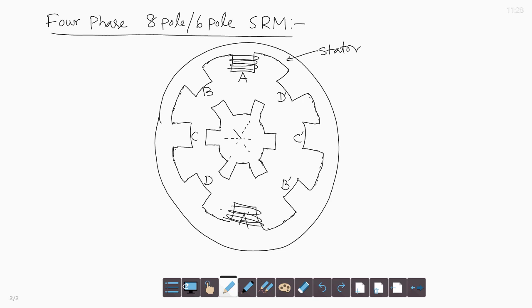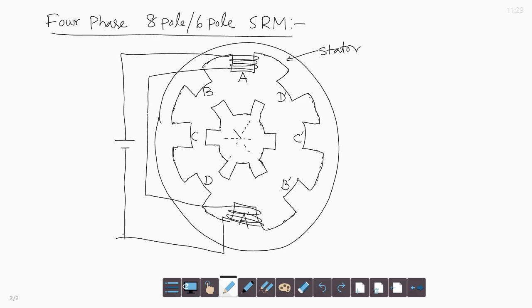So, let us draw it like this. As you can see, two opposite stator poles A and A dash have 2 concentrated windings.